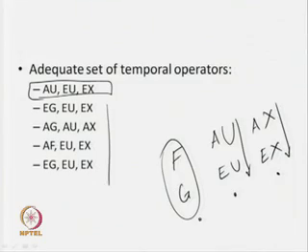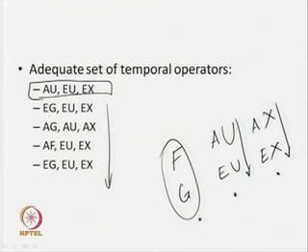That is why we are just listing some of them as adequate sets of operators. Taking one EX, one EU, and just one of these, EG, because if I take EG, then it can be expressed with AF, and once we have AF, we can express it with the help of until.